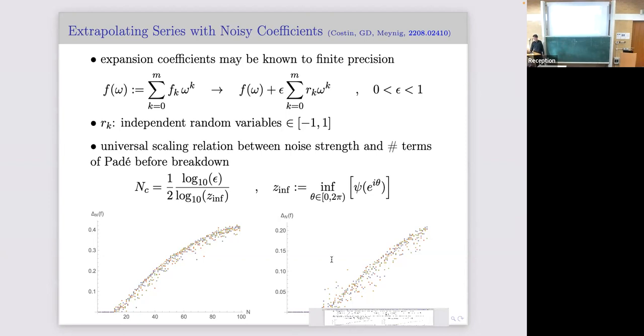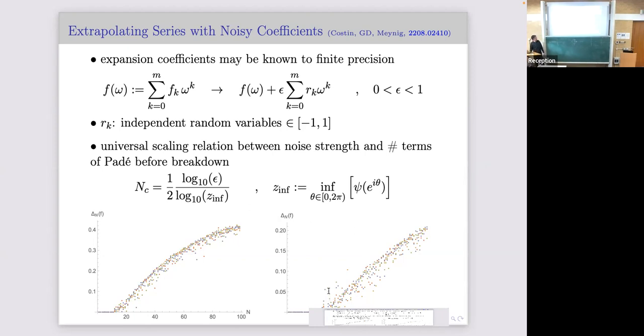What's interesting is that the point at which it breaks is universally related to the strength of the noise. So these two plots on the left and the right are using a different type of function, such that this parameter called the infimum scales differently.